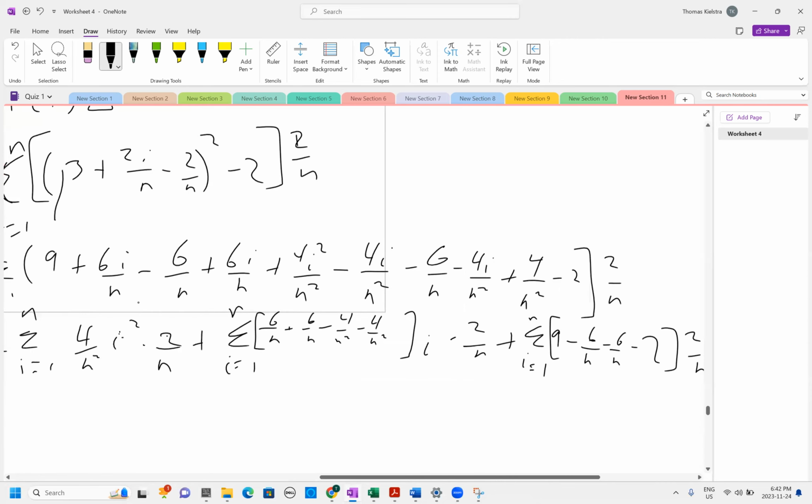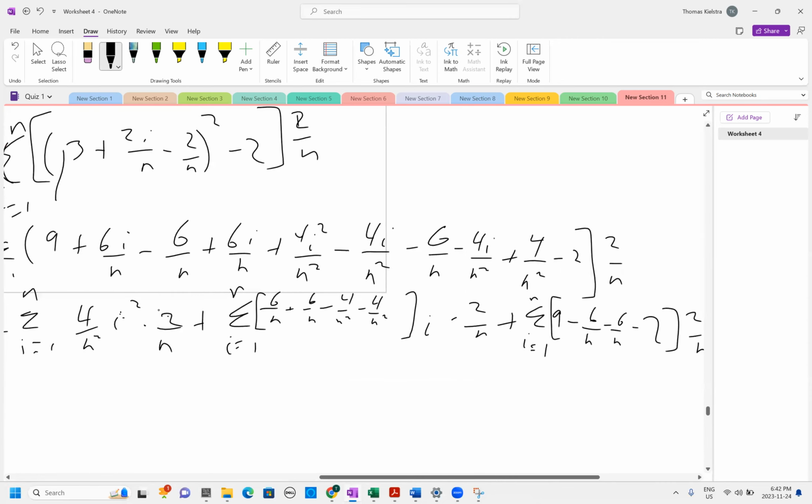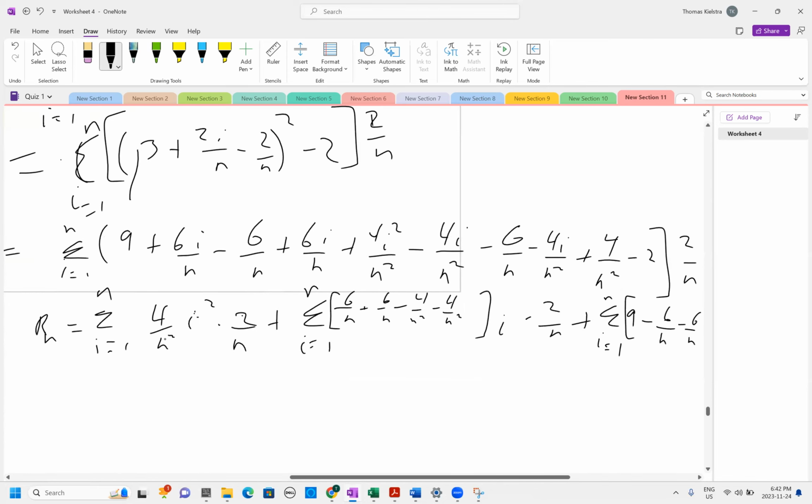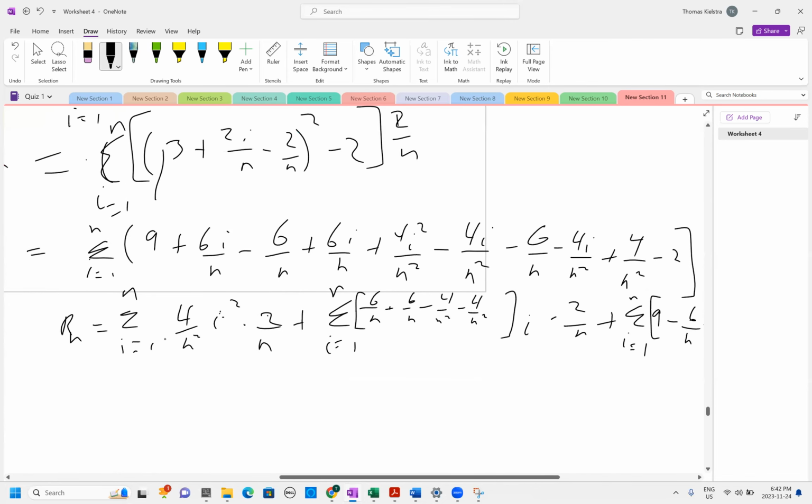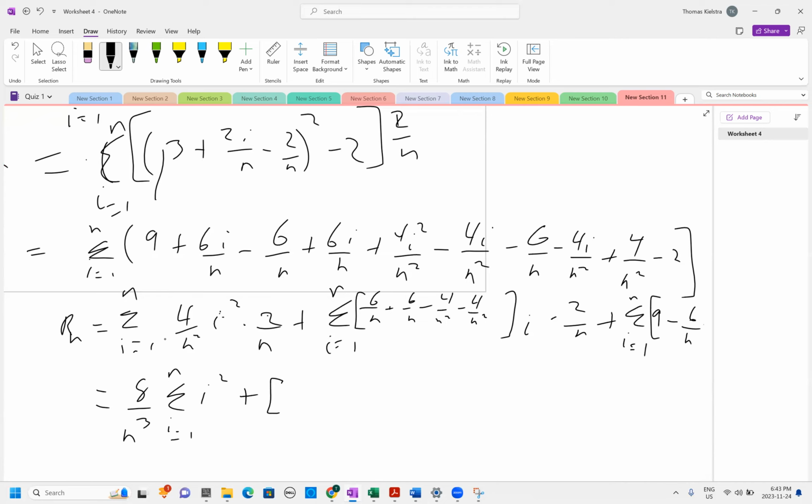And now what we're going to do is simplify our expression. So this equals 8 over n cubed times the sum of i equals 1 to n of i squared, plus, here 2 6 over n's give me, and we're multiplying by 2 over n, so that's 12.